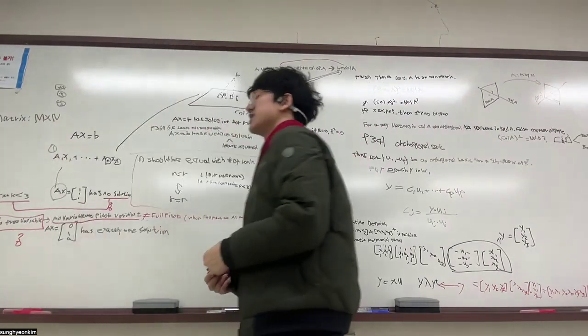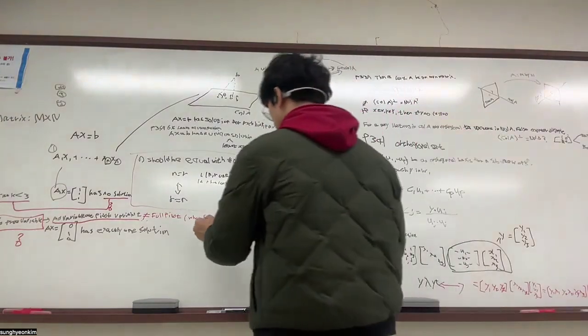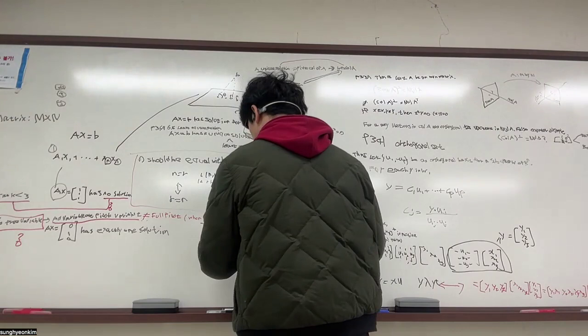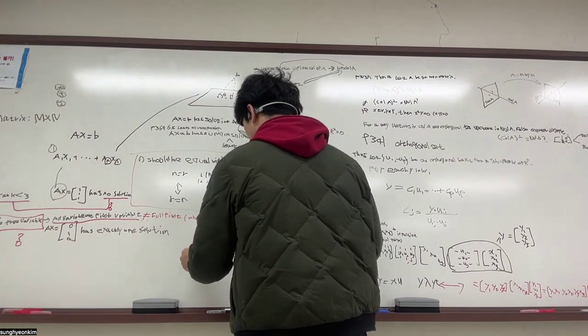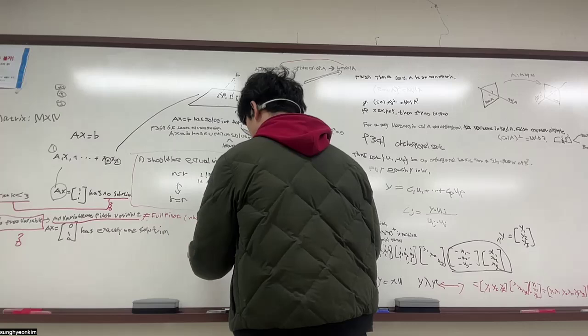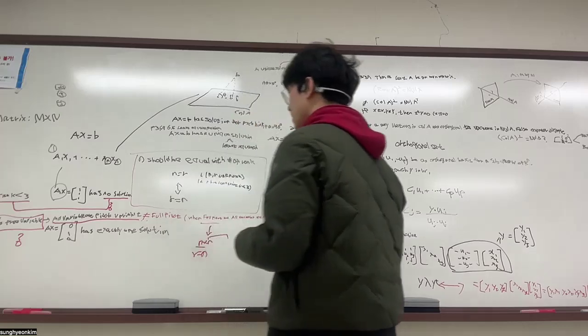Full pivot means, in the n by n case, it should be r equals n, which is the number of rows.